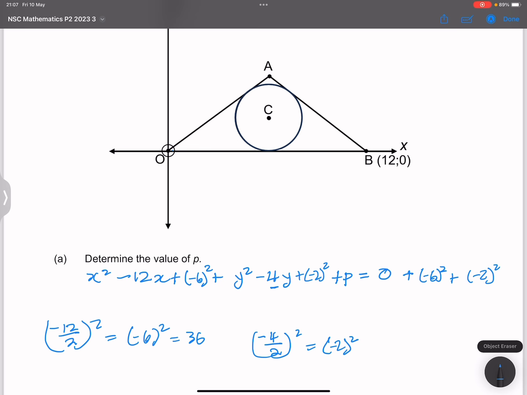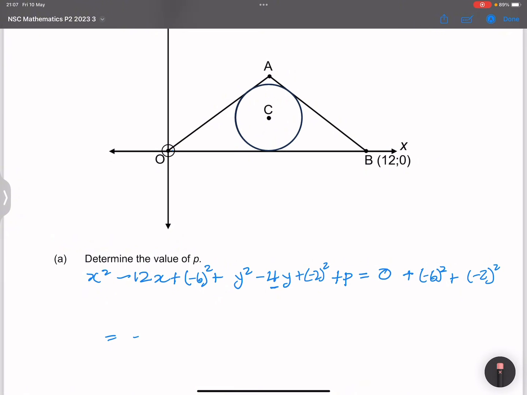Now let's write it in the form. If we factorize this, this will be x minus 6 all squared, and this will be y minus 2 all squared. I'm going to take the p to the other side. This is equal to 36 plus 4, which is 40, minus p. So that is our r squared.